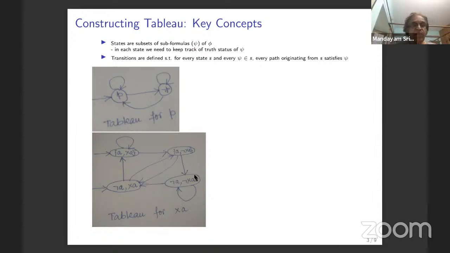So these are simple cases where you don't need any fairness conditions. Fairness conditions will be required when you're dealing with formulas that represent liveness properties, like the until operator.